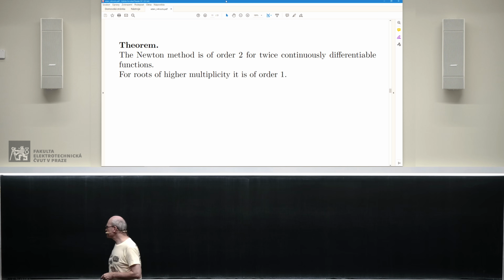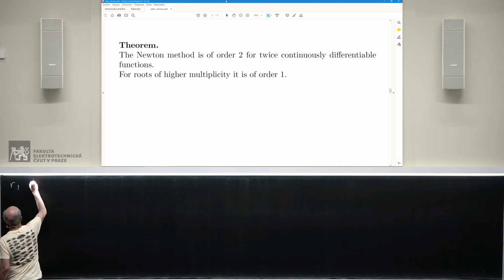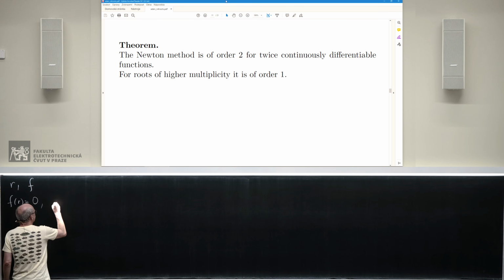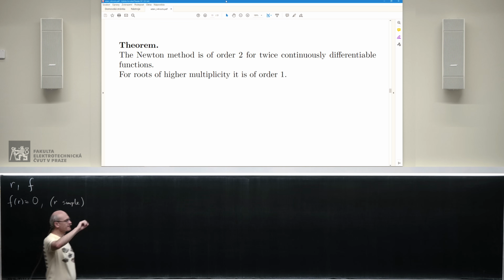First, we start with some setup. We have a number, r, and we have a function. Now we are assuming that this number r is a root of f, which means that f(r) is 0. And we also assume that r is simple in the first part. Let me put it like that.